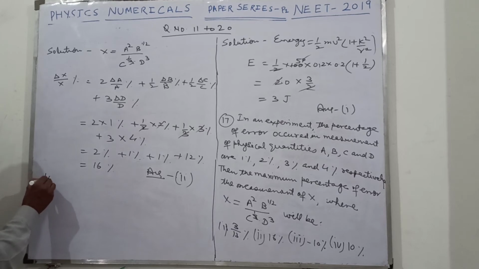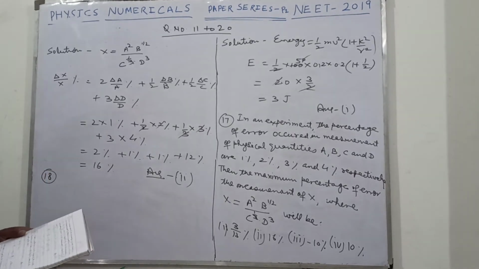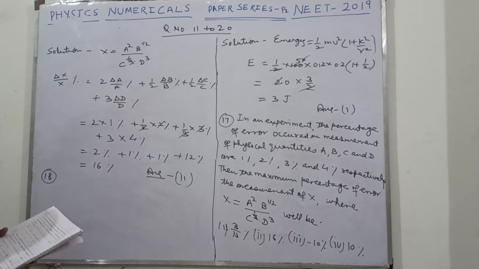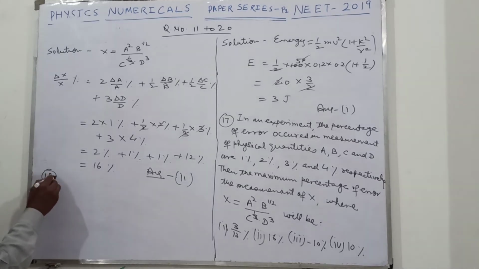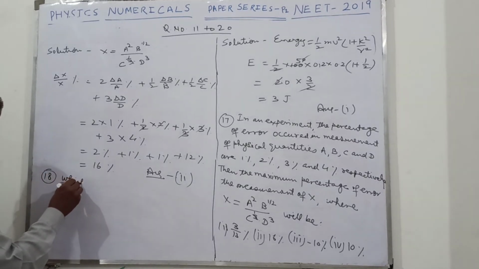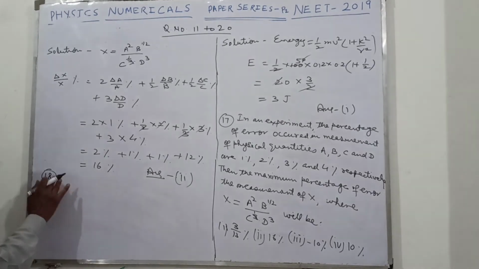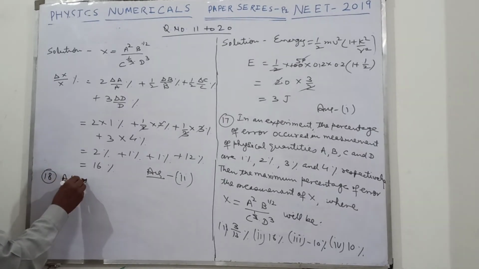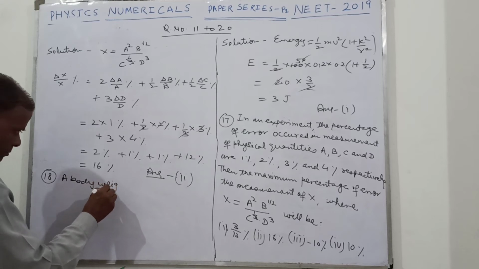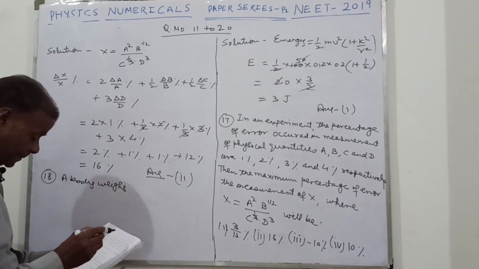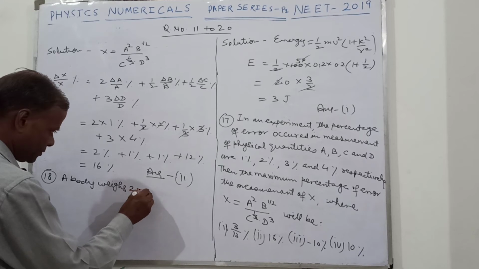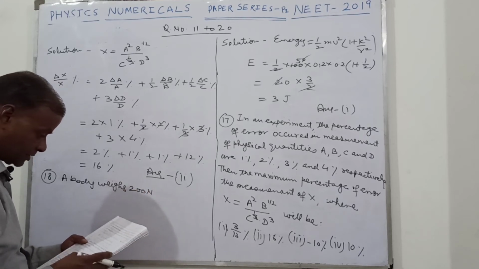And now question number 18. A body weighs 200 newtons on the surface of Earth.